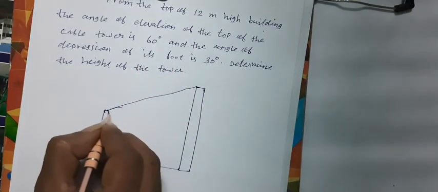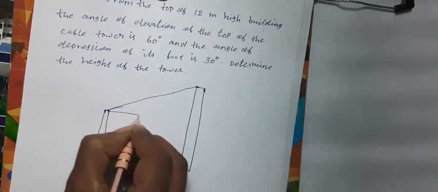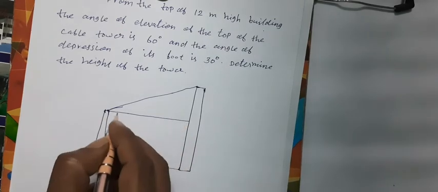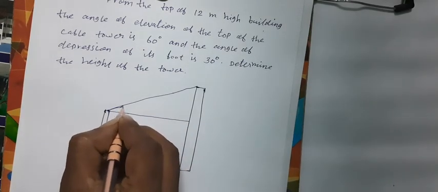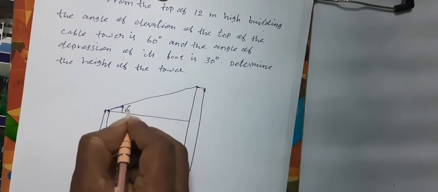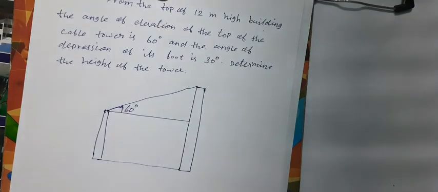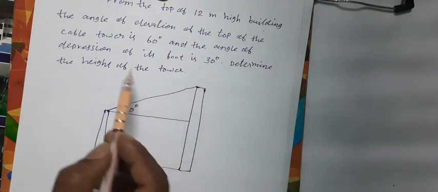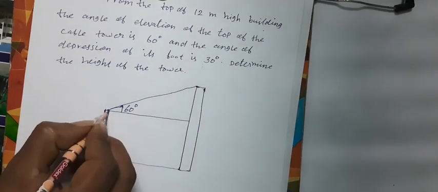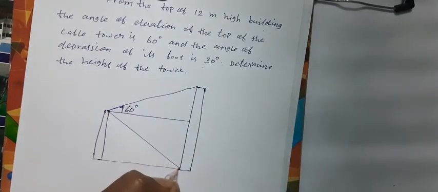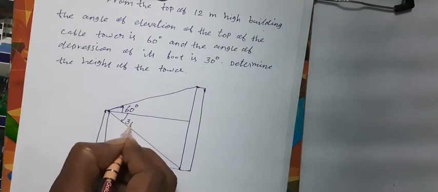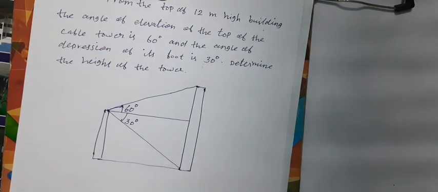Next, the angle of depression of its foot is 30 degree, right? The angle of depression of the foot of the tower they given 30 degree.